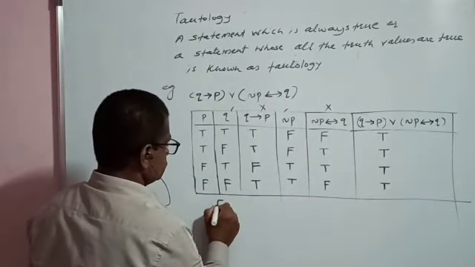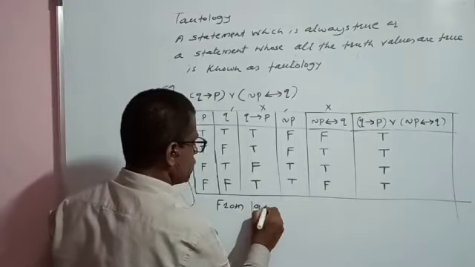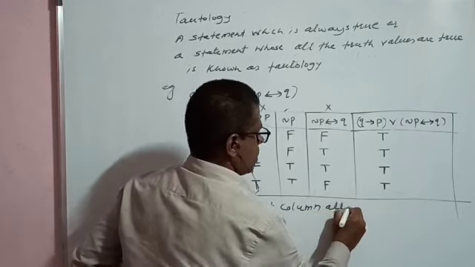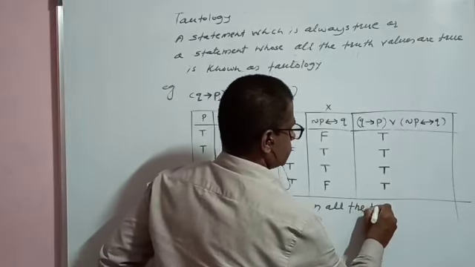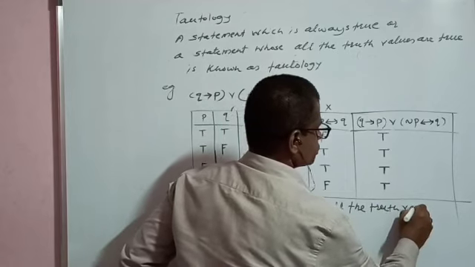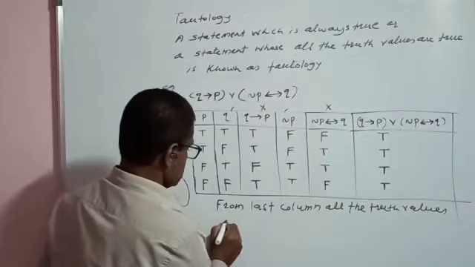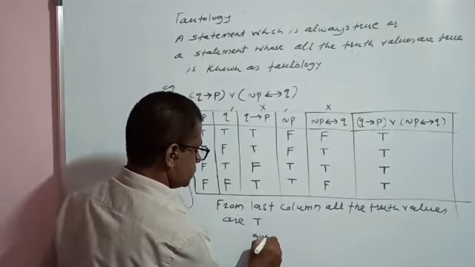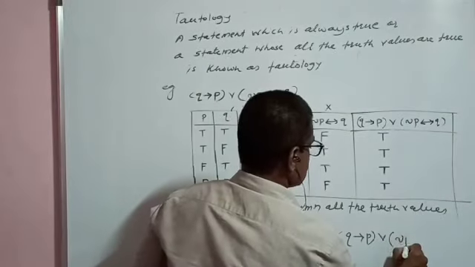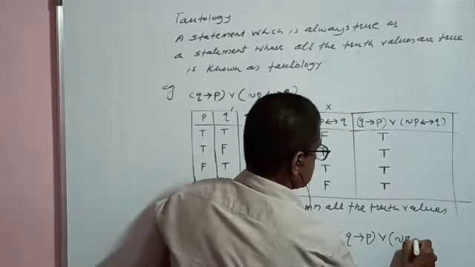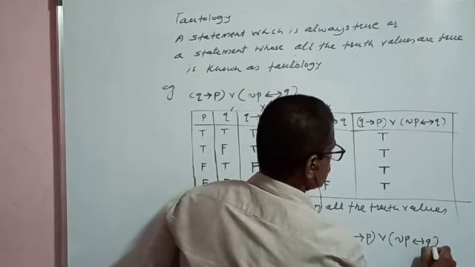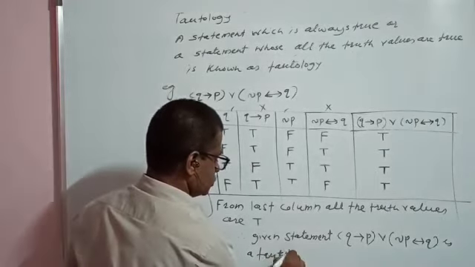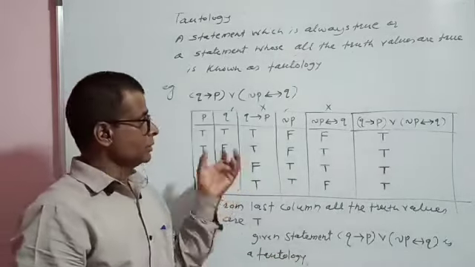So from the last column, all the truth values are T. Therefore, given negation of P biconditional Q is a tautology. So like this you have to answer.